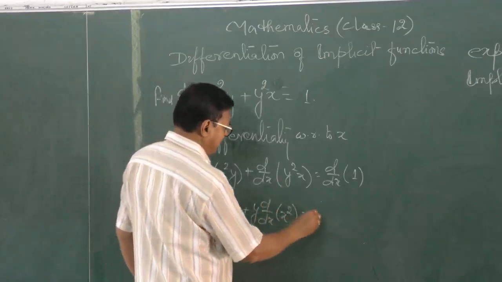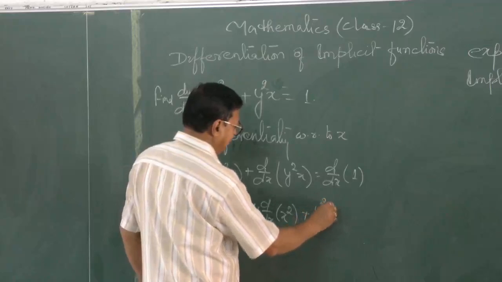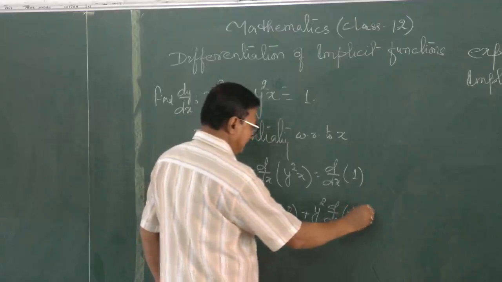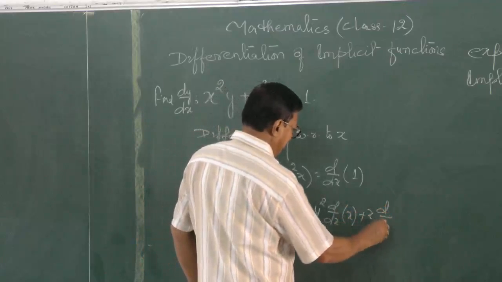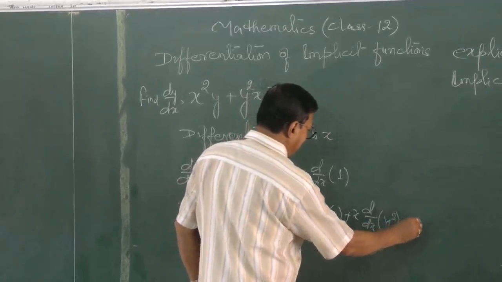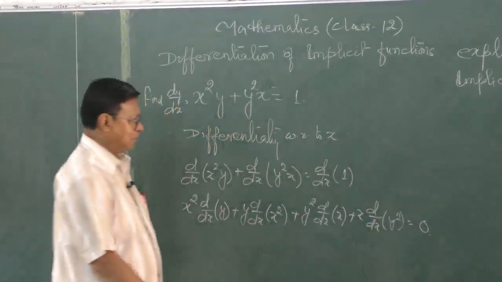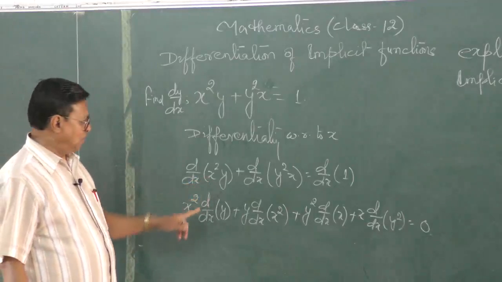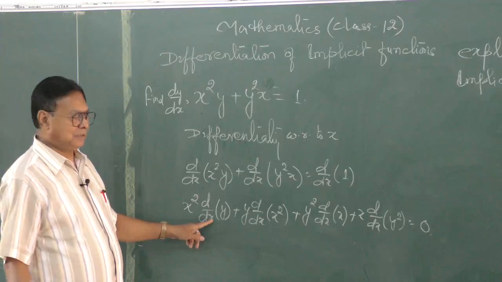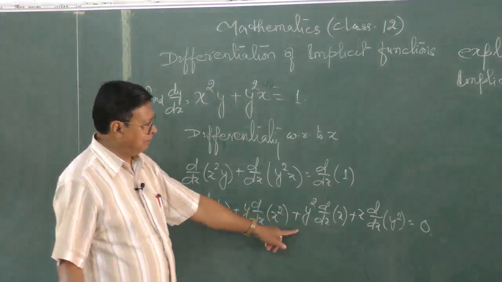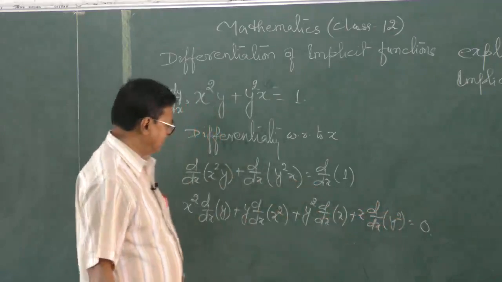Then the second factor, y square into differentiation of x plus x into differentiation of y square, and differentiation of a constant is 0. So, I repeat, product of two functions: first into differentiation of second plus second into differentiation of first. Same thing here, differentiation of constant is 0.